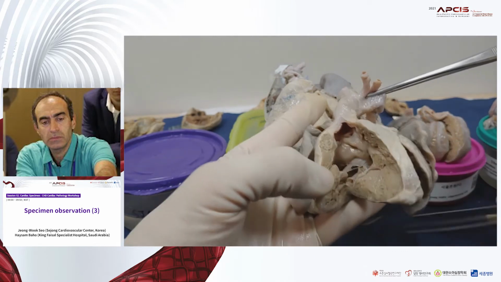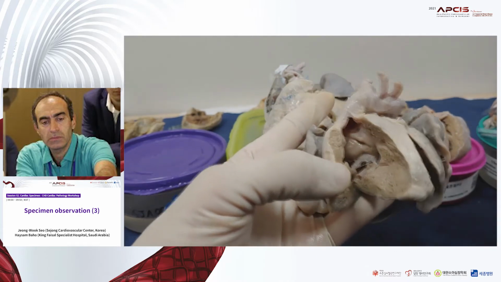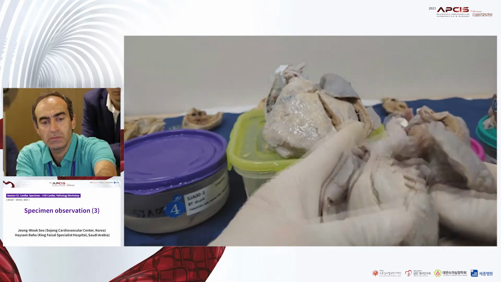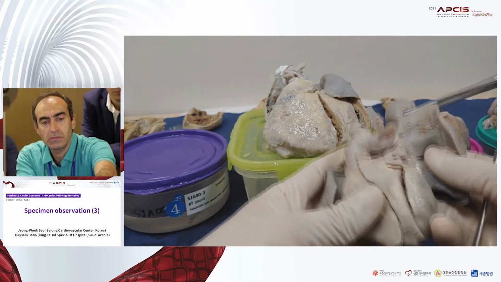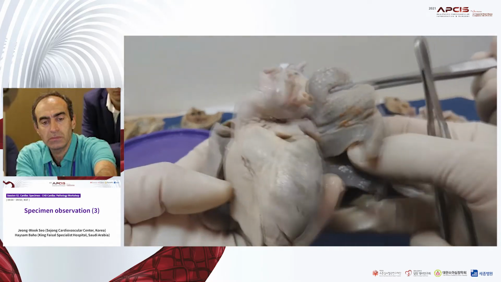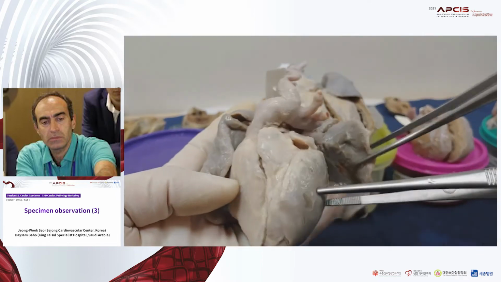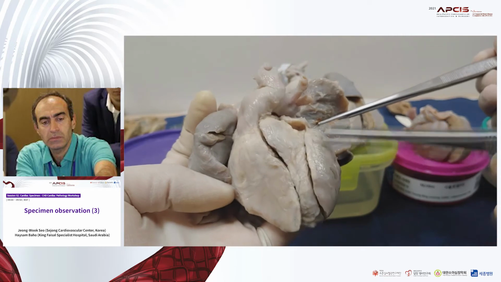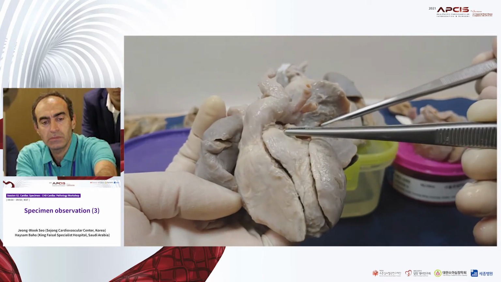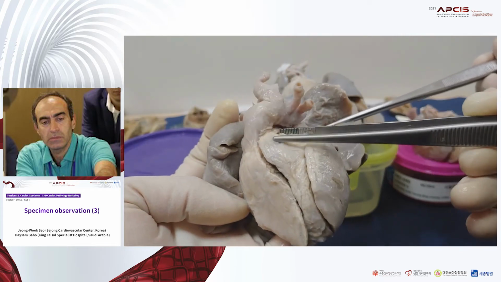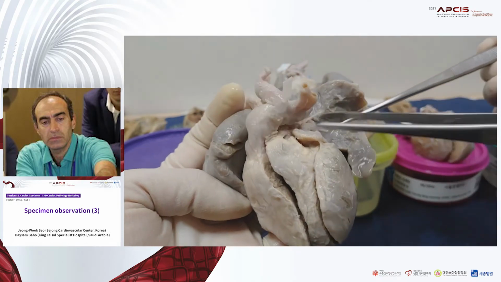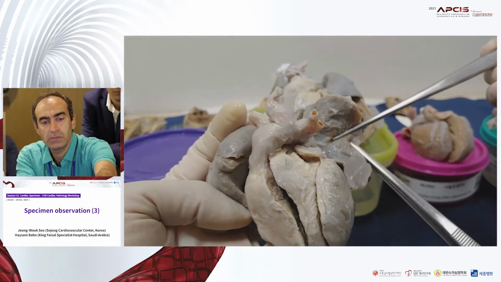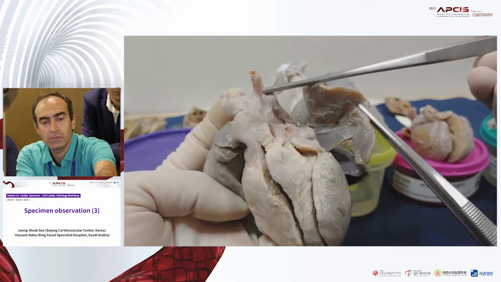This is a spectrum of diseases where the aorta would be arising partially or maybe completely from the right ventricle. If we look here at the external surface of the heart, we see that the aorta is actually rightward and anterior. If you can help me just hold that lobe, yeah.